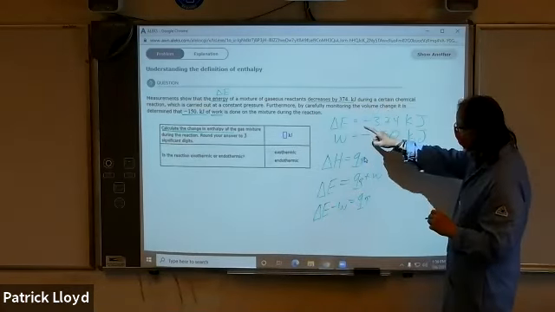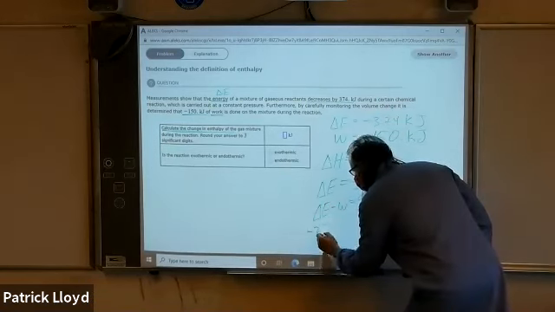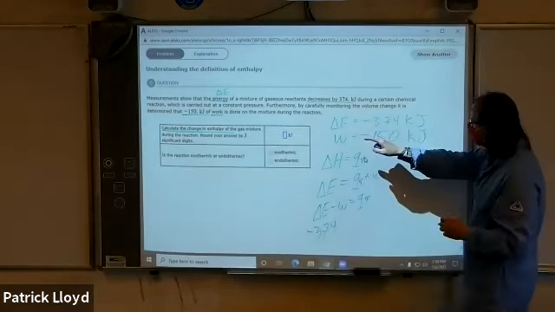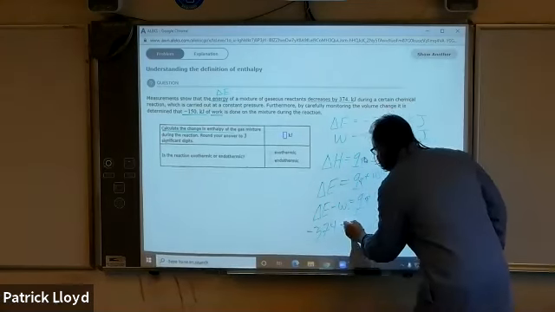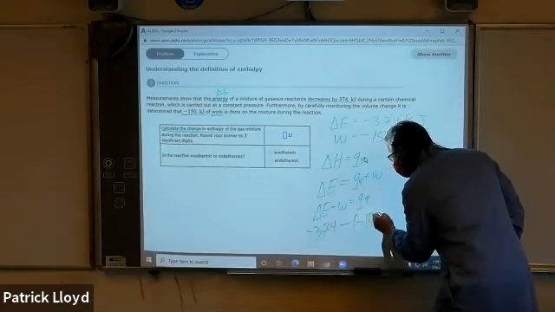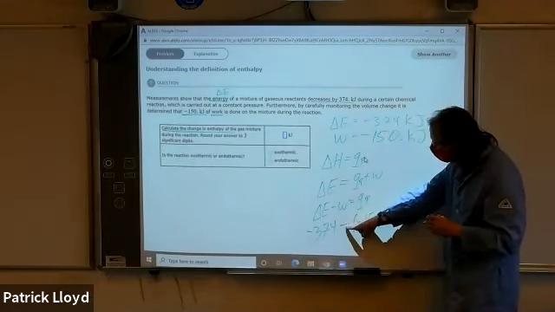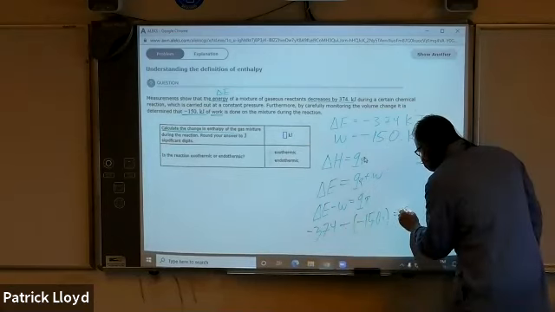So that would be negative 374 minus, but it's minus 150, so minus a minus 150. If you're subtracting a negative, that's like adding, right?